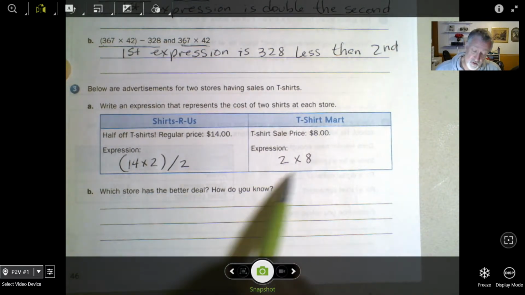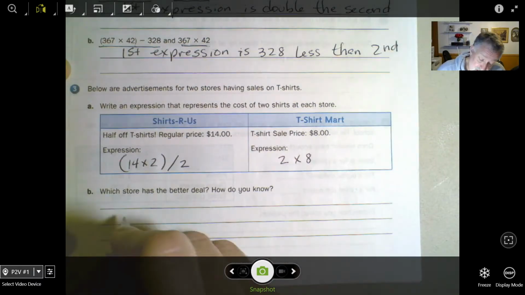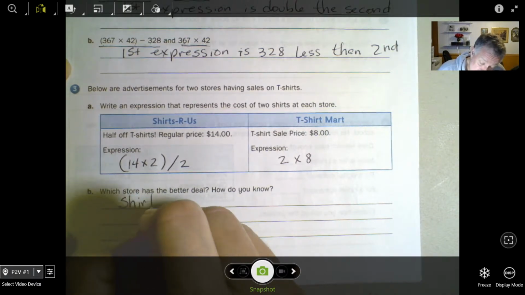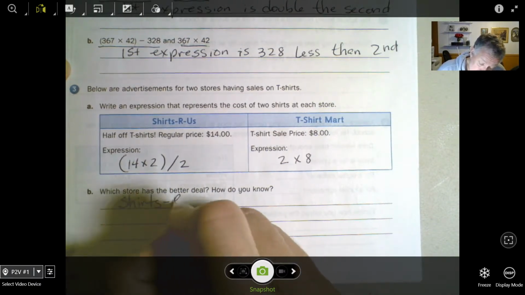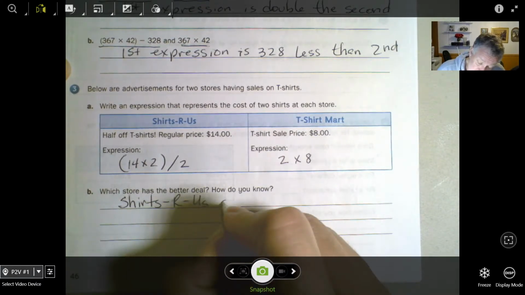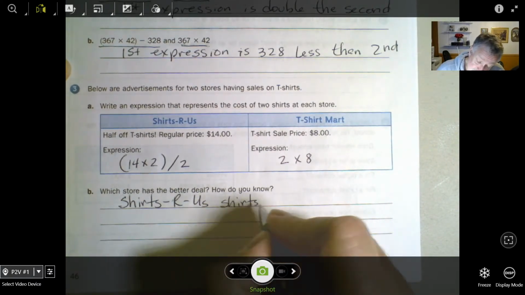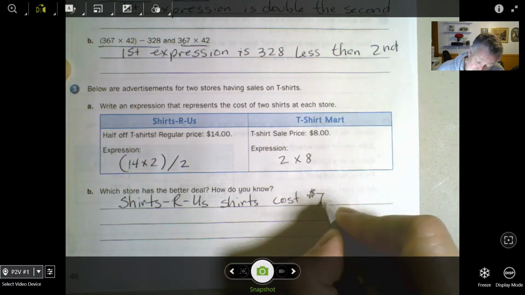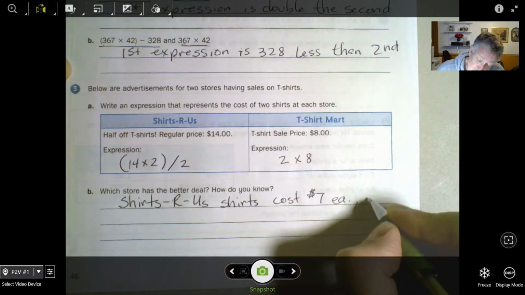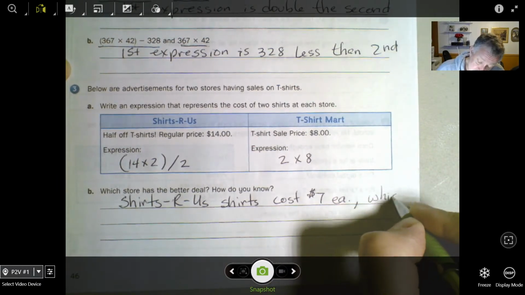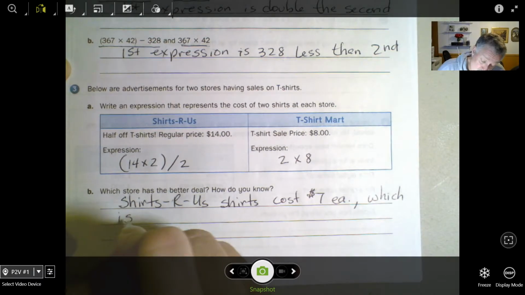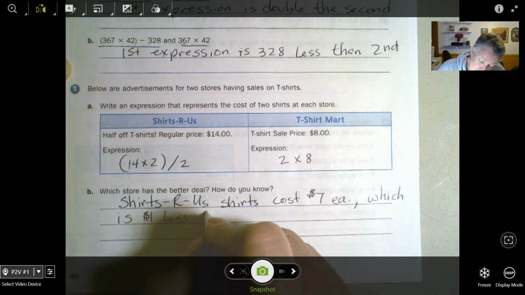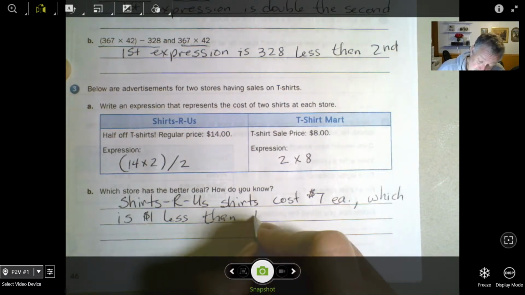But if we're just going by the numbers that we see here, I'm going to say that Shirts R Us shirts cost $7 each, which is $1 less than T-Shirt Mart.